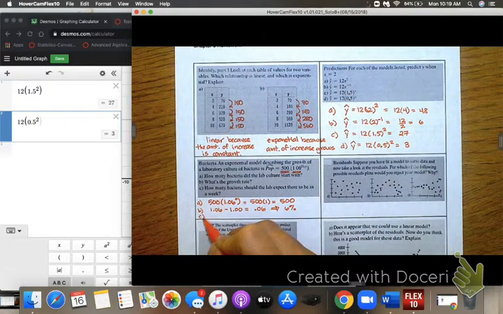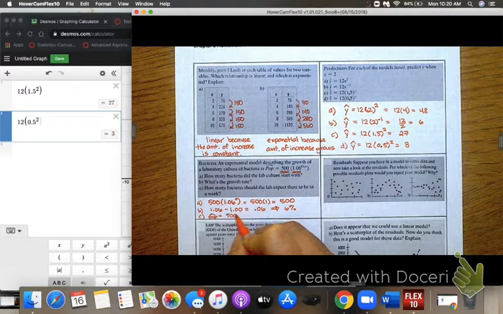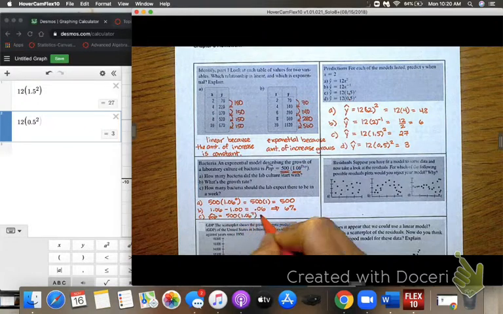Next, part C. It says, how many bacteria should the lab expect there to be in a week? Well, a week is 7 days, so let's go ahead and plug this in. Our expected population is going to be 500 times 1.06 raised to the 7th power. I'm going to go over to Desmos to help me with that.